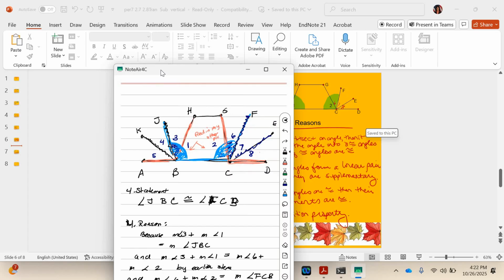By definition of congruence, I don't need measure. Those two things are the same.